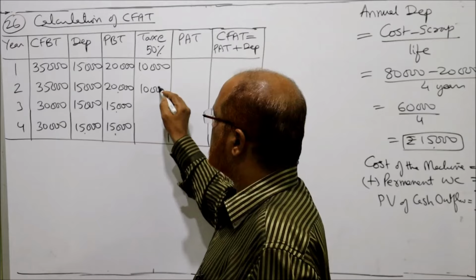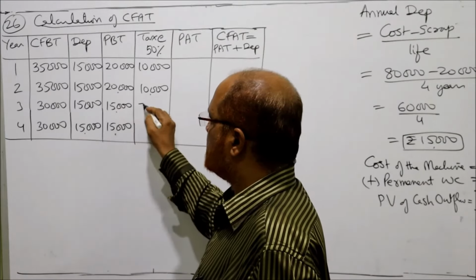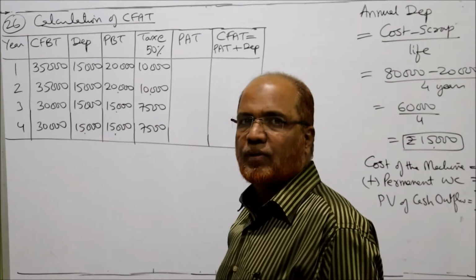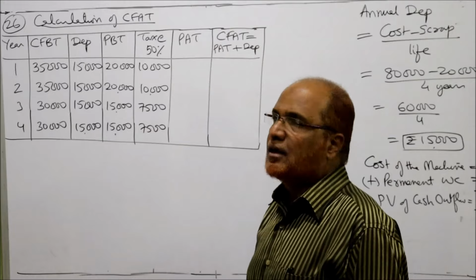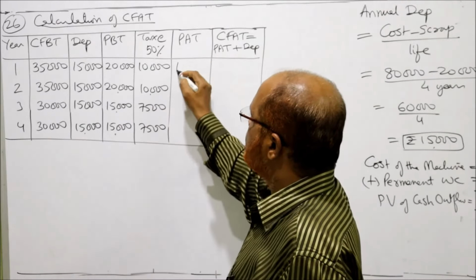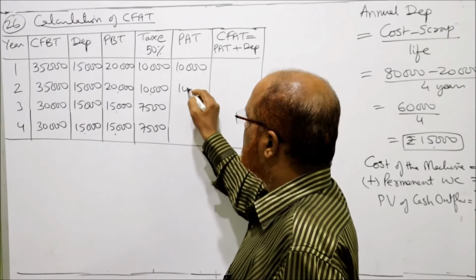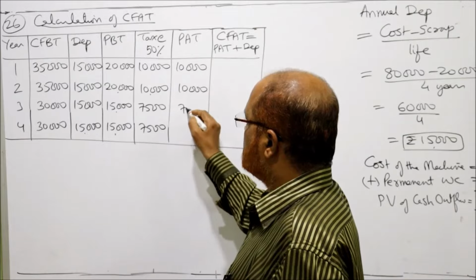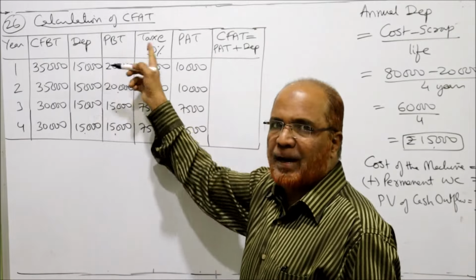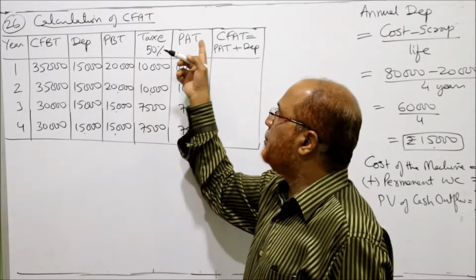Here also 10,000. 50% of 15,000, 7,500. Here also 7,500. We got tax. Now PBT minus tax will get PAT: 10,000, 10,000, 7,500, 7,500.